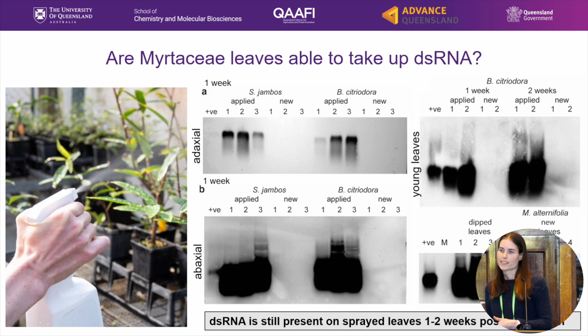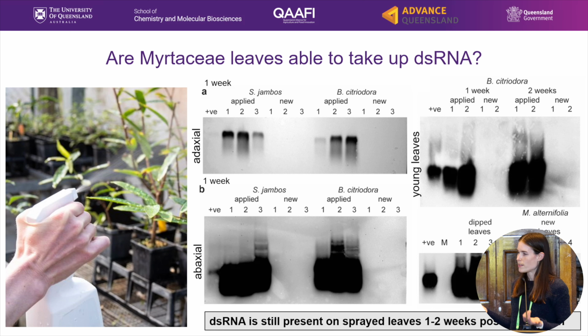So I was interested in whether we could use any of these concepts for the Myrtaceae species we're interested in. First of all, I was just curious, do any of these Myrtaceae take up double-stranded RNA? So I sprayed some different species with RNA, Syzygium jambos, which is the rose apple that we were doing a lot of our original work on, as well as lemon myrtle.